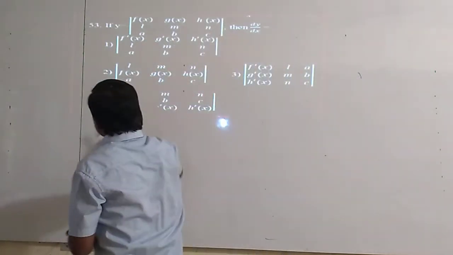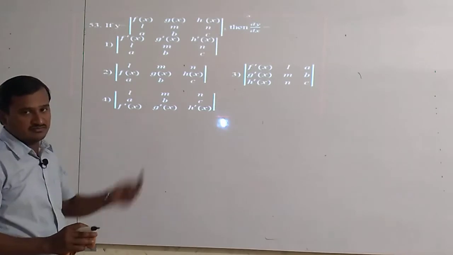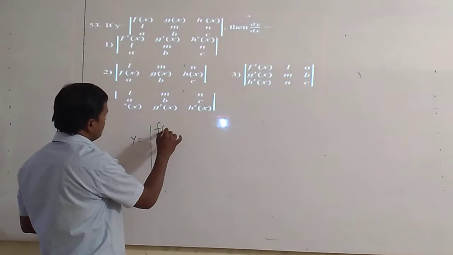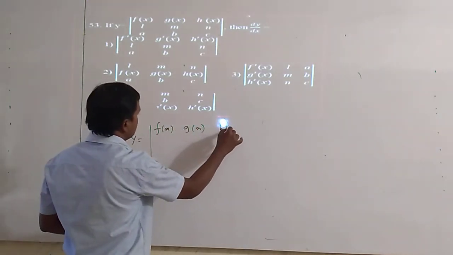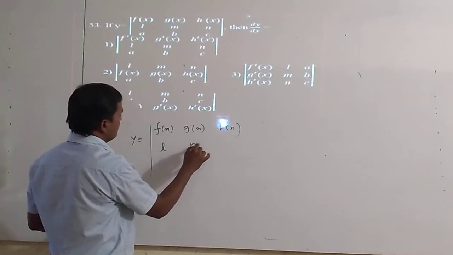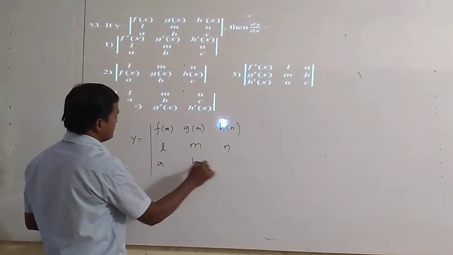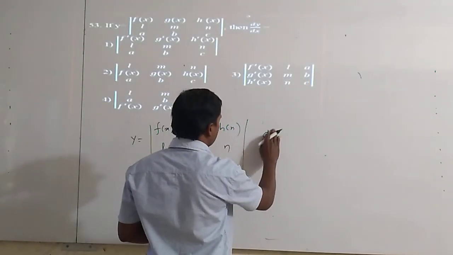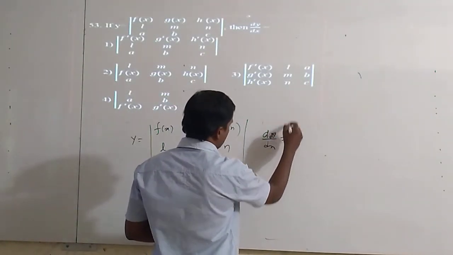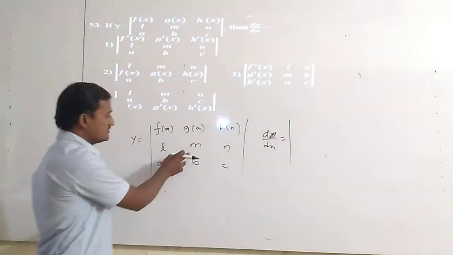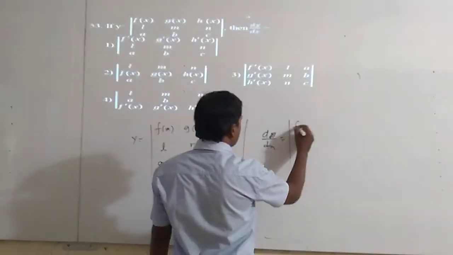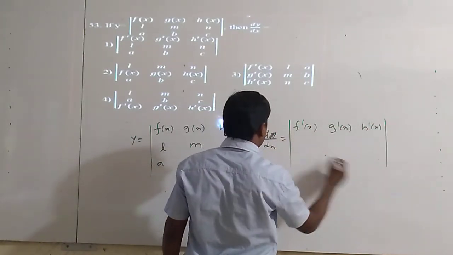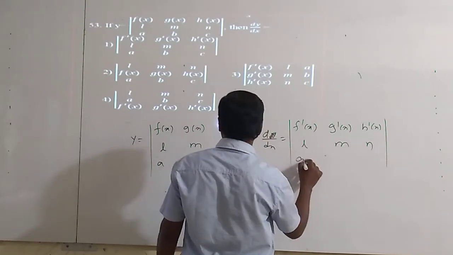Okay, so it is differentiation of the determinant. If y is like this, f of x, g of x, h of x, and l, m, n, and a, b, c are there, and you want to find dy by dx, differentiation of y with respect to x for this determinant, you should differentiate the first row only, right? h dash of x, and here it is l, m, n, and here it is a, b, c.